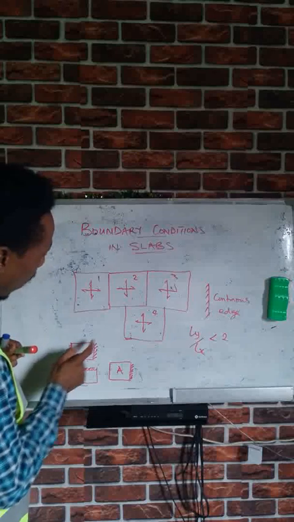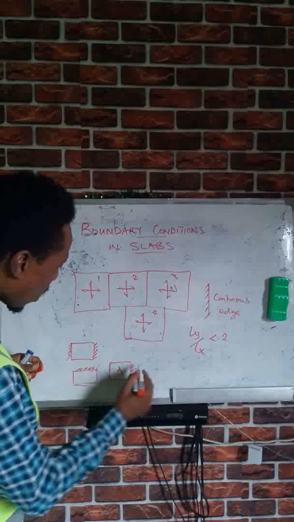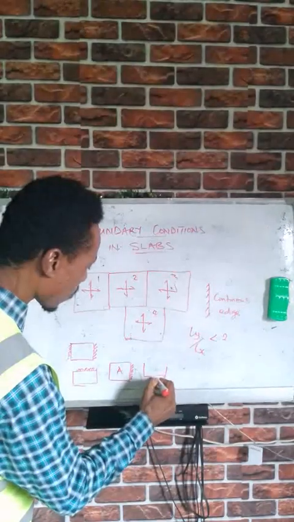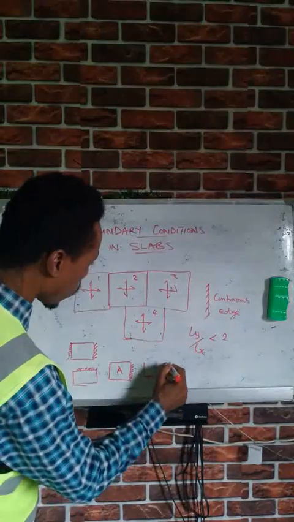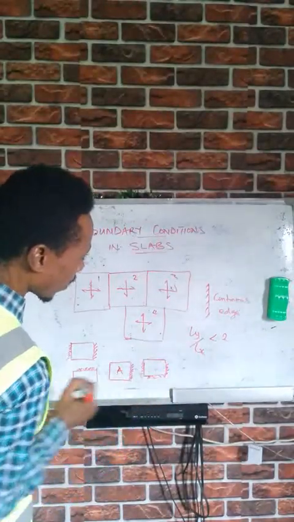Panel 2 also satisfies a condition: we have a hinge at this point, a hinge at this point, continuous at this point, free at this point.